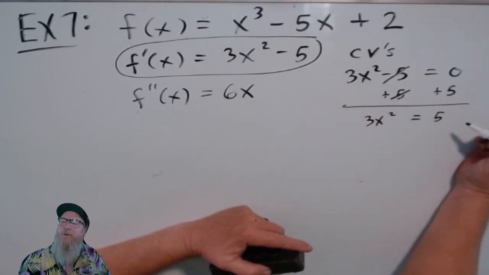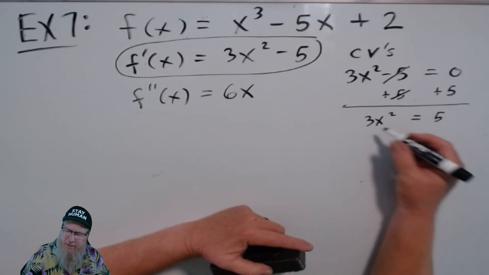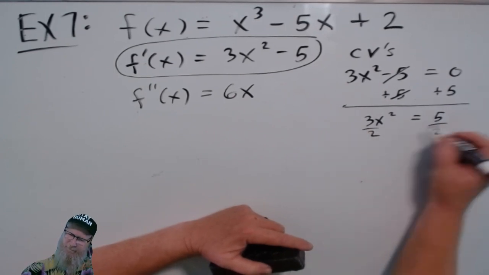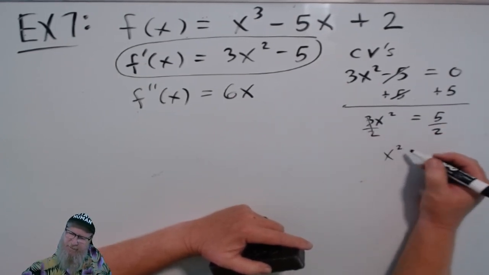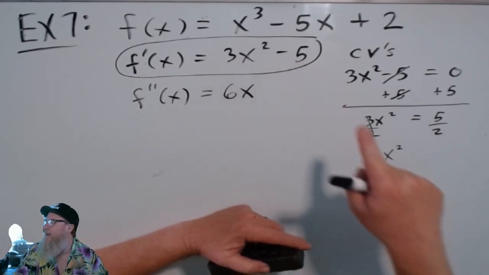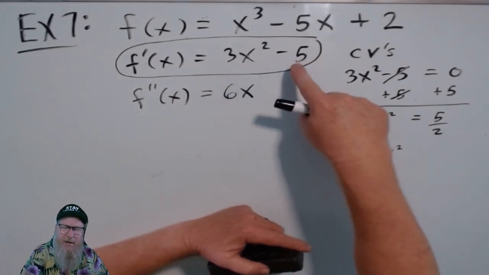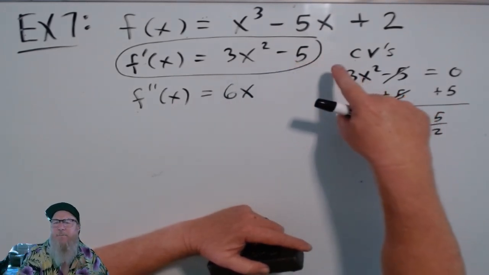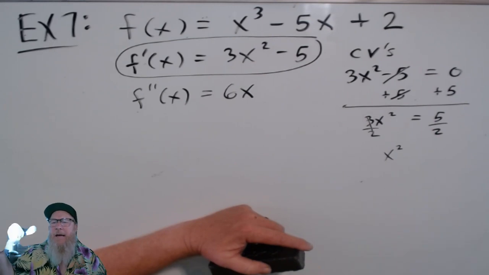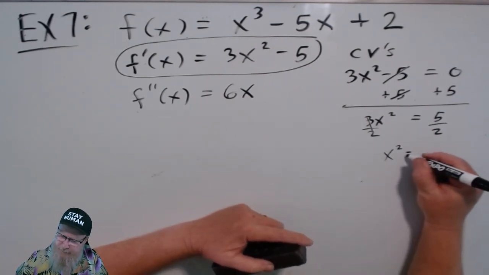It could be factorable, like it was in the last one. This one's not factorable, so I'm just going to solve it by using a square root. That's because there's only 2 terms, 3x squared and -5. If it had 3 terms, say 3x squared and then 6x plus 12 or something, then I would have used the quadratic formula or something like that.